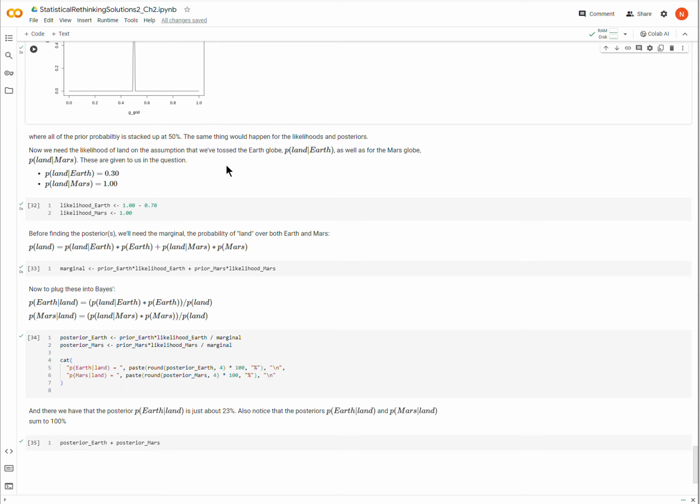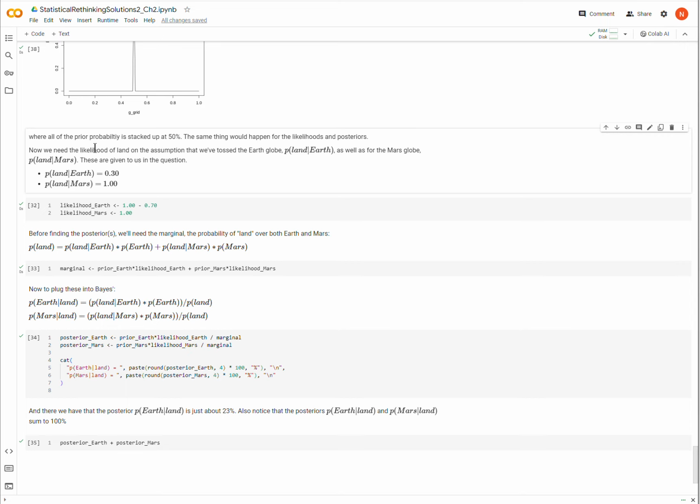Okay, and so our likelihood is the probability of land given Earth. So again, a likelihood is saying what is the probability of the evidence here, the observation of land, given a hypothesis, and the hypothesis is Earth, or the opposite, probability of land given Mars.